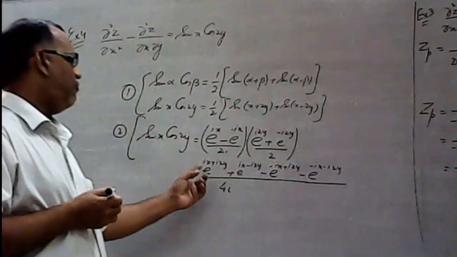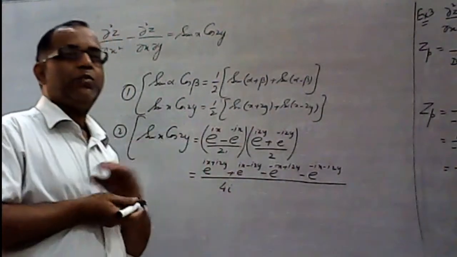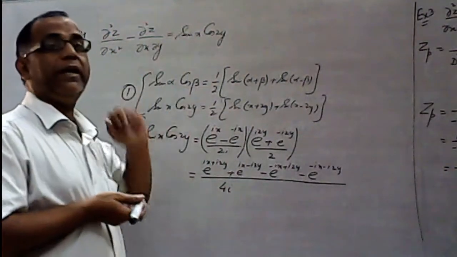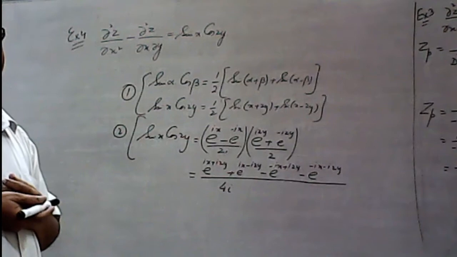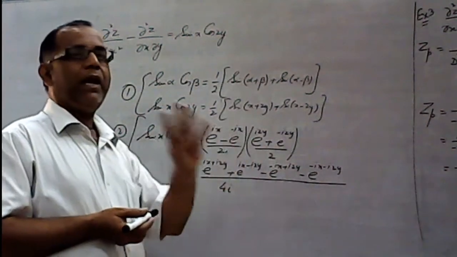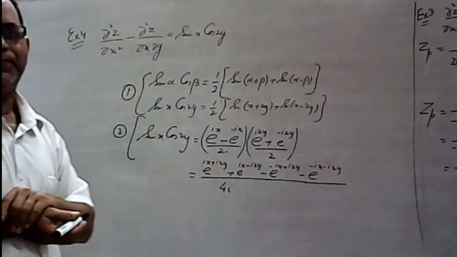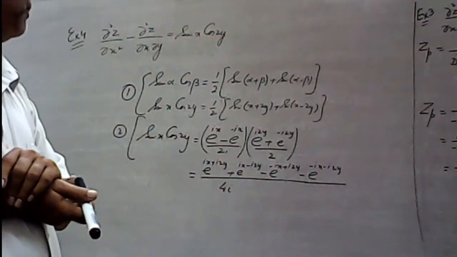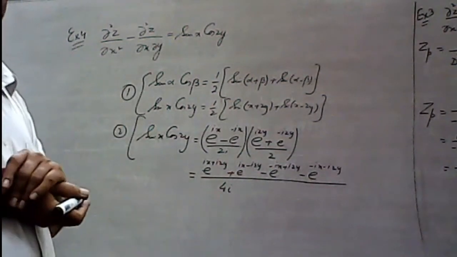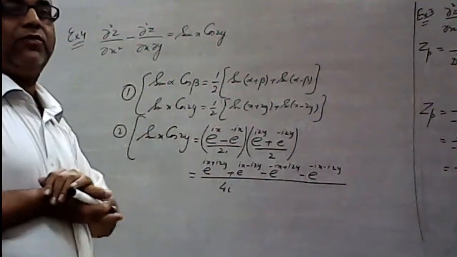So you will have 4 exponential terms on the right hand side, meaning method 1 will be applied 4 times. This is the second way to solve this kind of question.